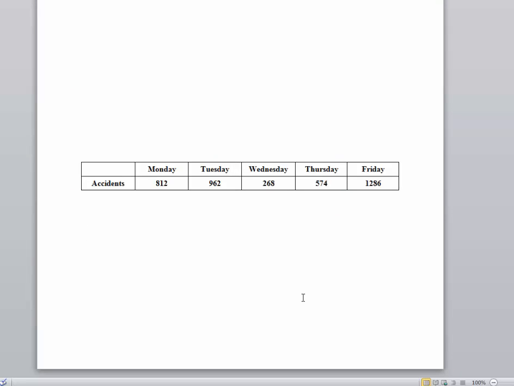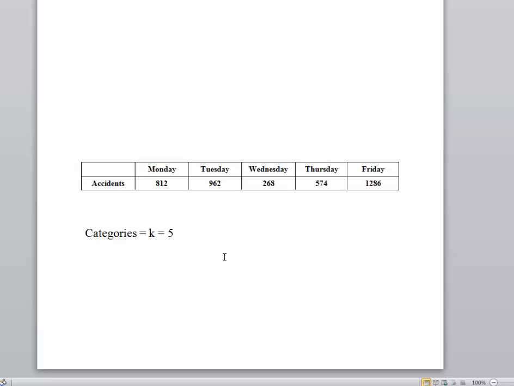Now, say we're doing a goodness of fit test. So maybe we're trying to see if the number of automobile accidents is the same for every day of the week. So we've got the number of accidents, and we assume that accidents should be the same on every day of the week. And we've got here the number of categories, which is k.